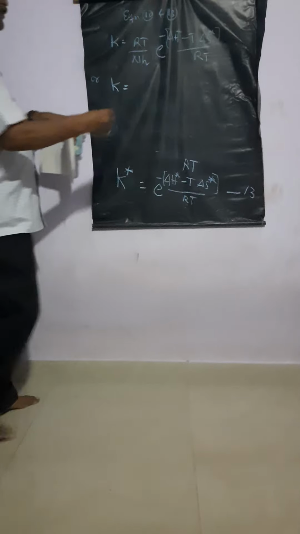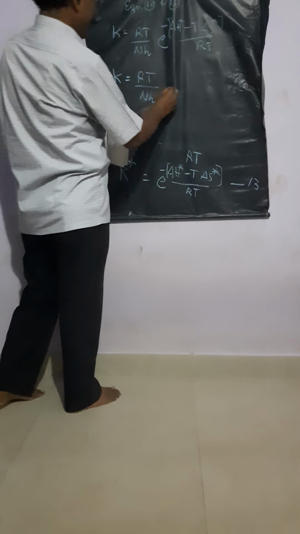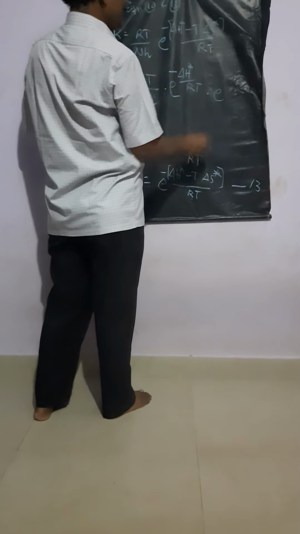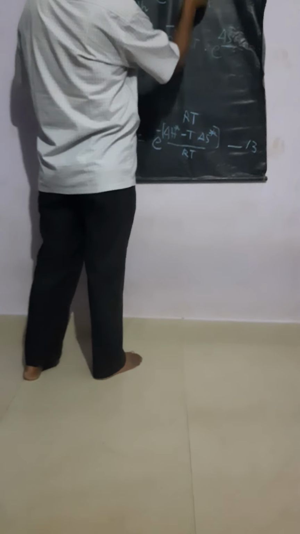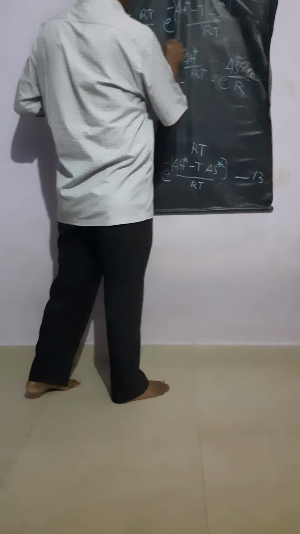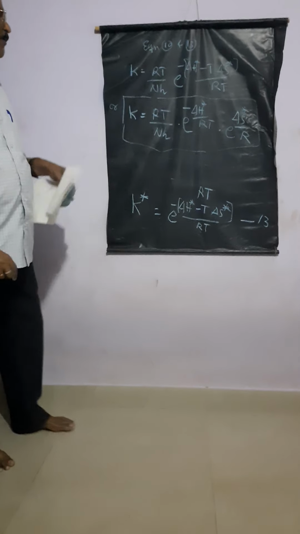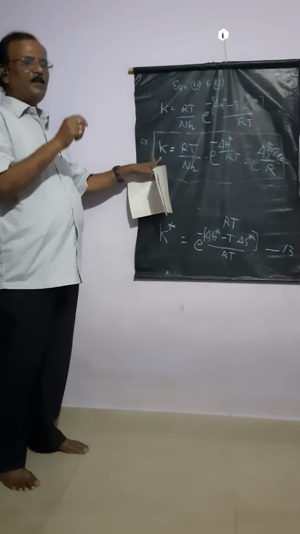K is equal to RT divided by Nh into e to the power of minus delta H star divided by RT into e to the power of delta S star divided by R. So this is another mathematical form of the rate constant according to transition state theory, or modern absolute theory of reaction rate.